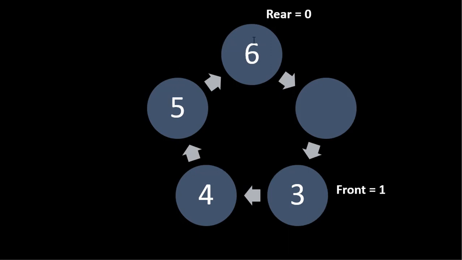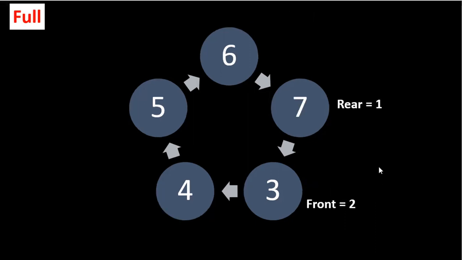This was the start position of our queue, but here we are going to fill an element. This is possible only if you are using a circular queue, not in a linear queue. In the next position that was empty, we tried to insert an element, and we were able to insert a value, because of which the rear is equal to 1.